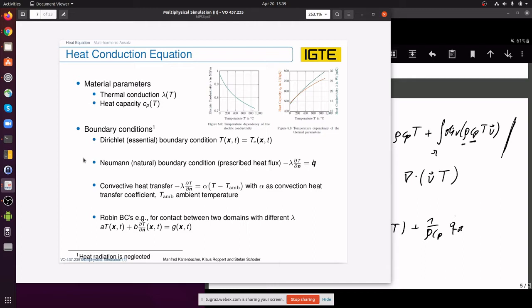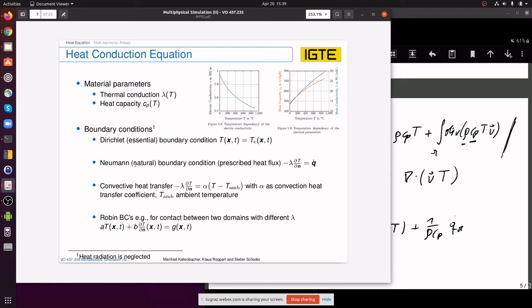Theoretically, we can prescribe the temperature at a certain boundary with Dirichlet conditions. We have Neumann boundary conditions, where we prescribe the normal derivative of the temperature at the boundary, so we can prescribe a heat flux vector. We can have a convective heat transfer, which is given by this formula here.